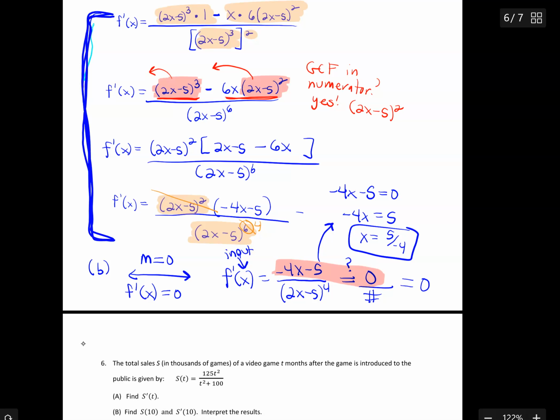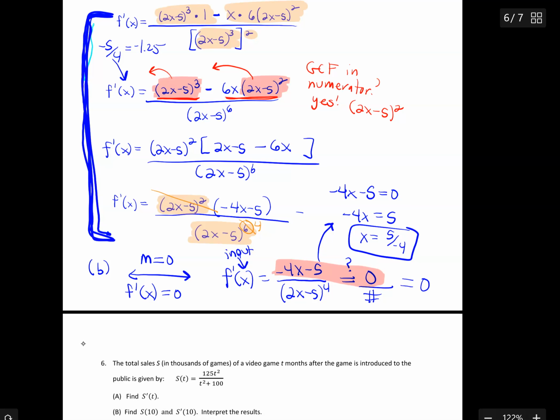They've just been cleaned up with algebra. If I input negative 5/4, or negative 1.25, into any of these forms, the output should come out to be 0. So that means the tangent line would be horizontal at this x value.